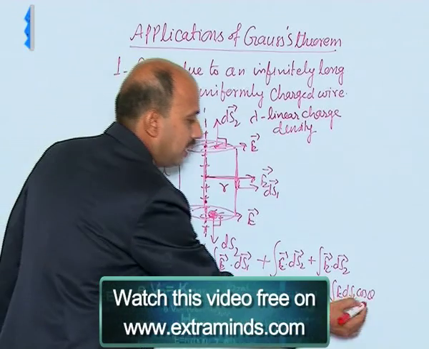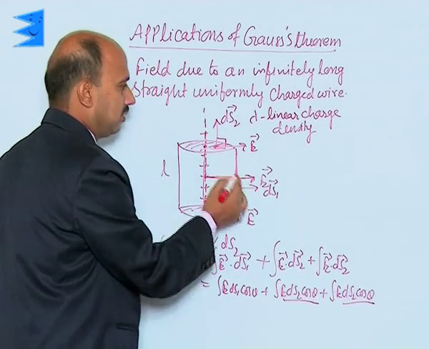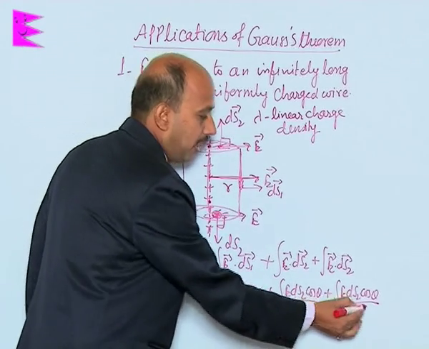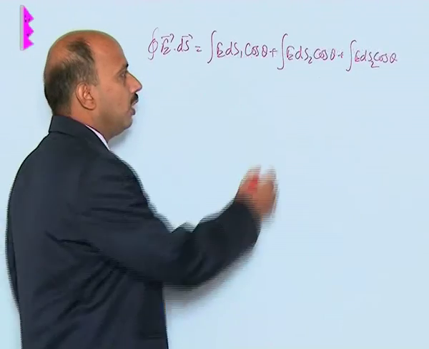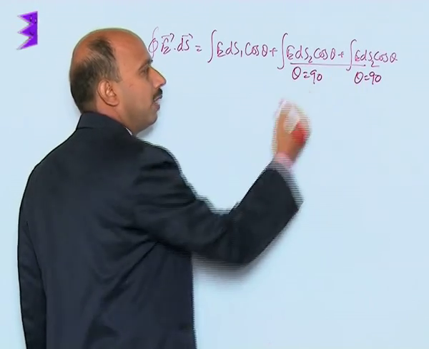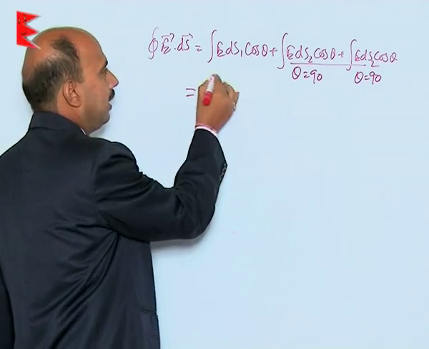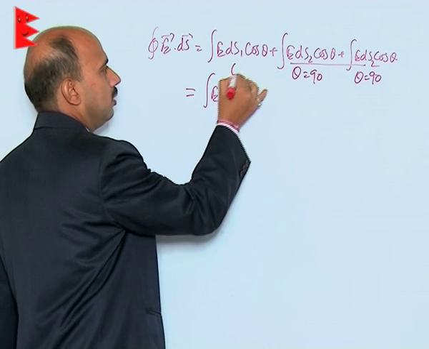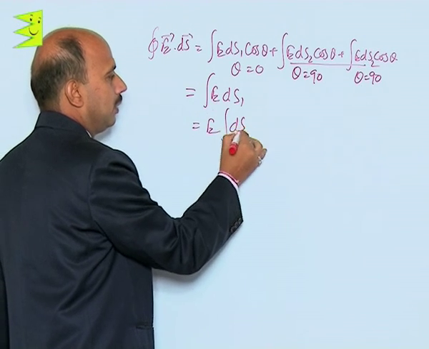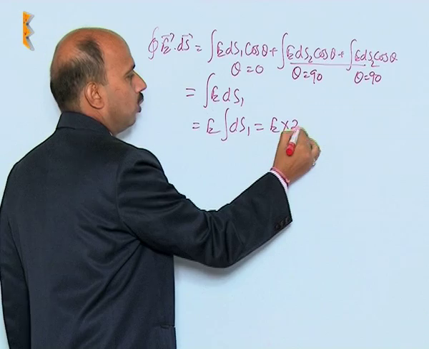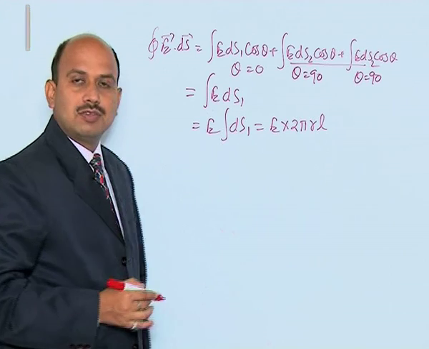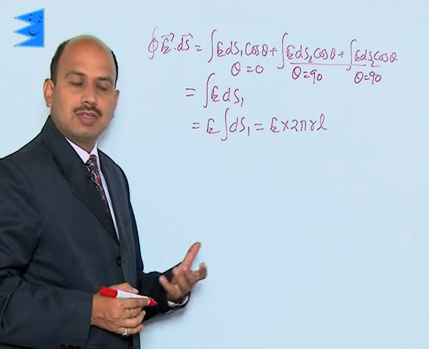In these two cases theta is 90, so the flux through these two parts will be equal to 0. For the curved surface theta is equal to 0, so we get E times the integral of ds1, which is E into 2 pi r L. So this is the total flux through this cylindrical Gaussian surface which we have chosen.